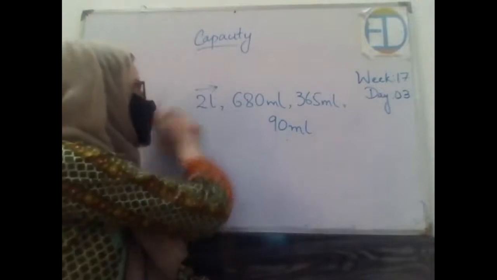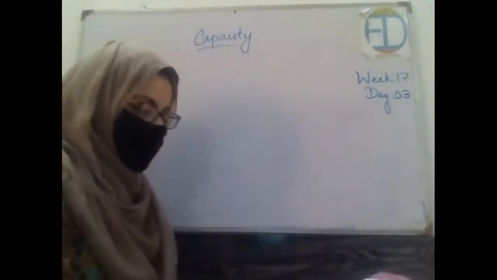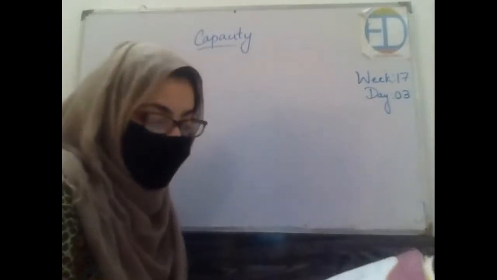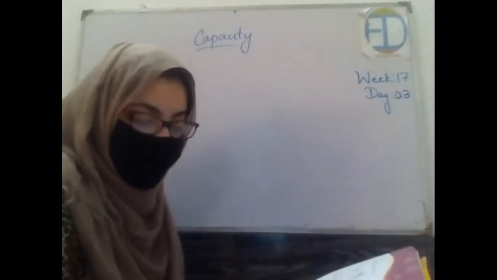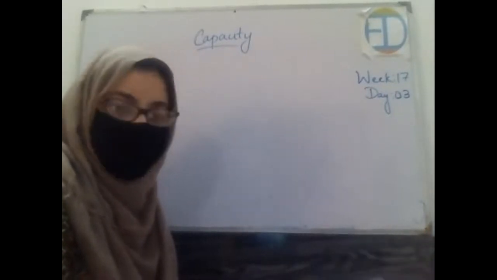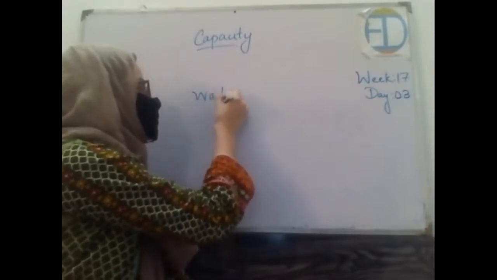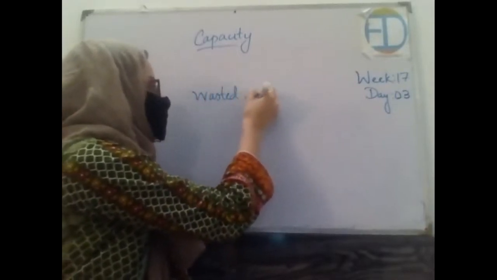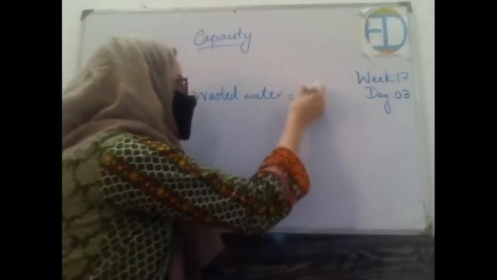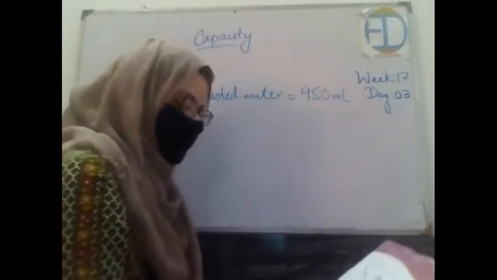Let's first note down the data from this statement. It says that Samra found that 950 milliliter of water was wasted if she kept the tap open for a minute. How much water gets wasted? 950 milliliter.